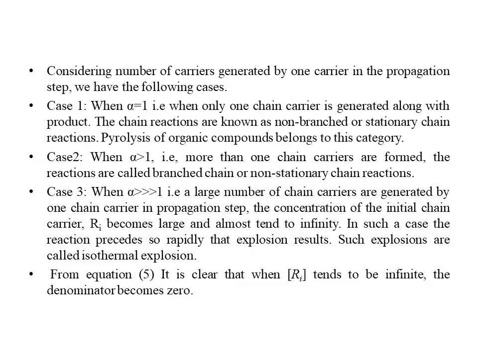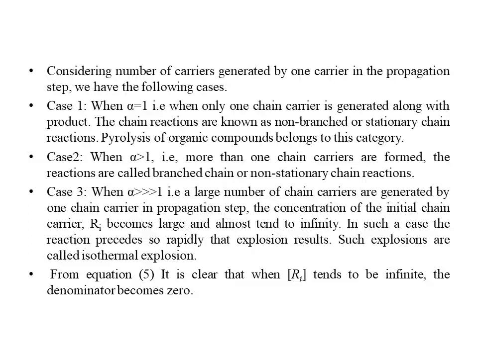Pyrolysis of organic compounds belongs to this category. Case number 2, when alpha is greater than 1, more than one chain carrier is formed, the reactions are called branch chain or non-stationary chain reactions.